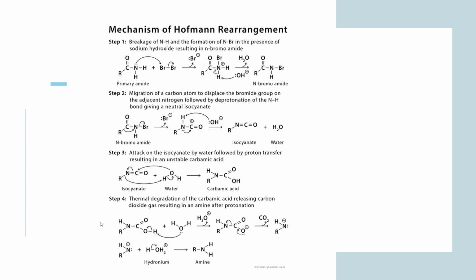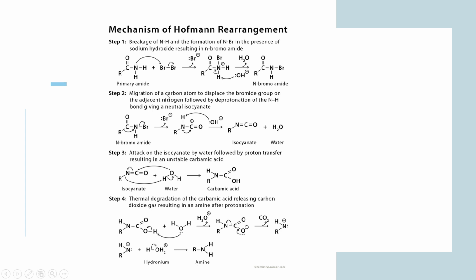Okay, that means whatever will be the carbon number in the substrate, in product you will get a less number of carbon. Okay, so let us see how this reaction proceeds.